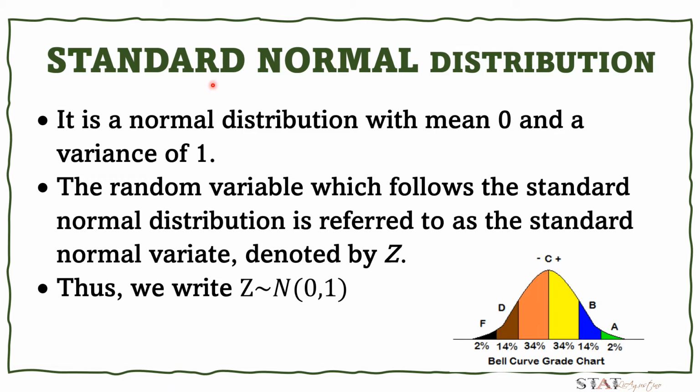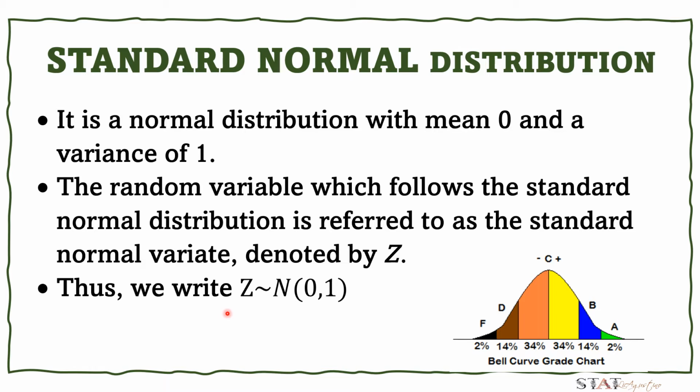Let's proceed to the standard normal distribution. It is a normal distribution with mean 0 and a variance of 1. So the standard deviation is also 1, and 1 squared, so the variance is 1. The random variable which follows the standard normal distribution is referred to as the standard normal variate, denoted by Z. So whenever you see Z in our textbook, it signifies that it follows a standard normal distribution.